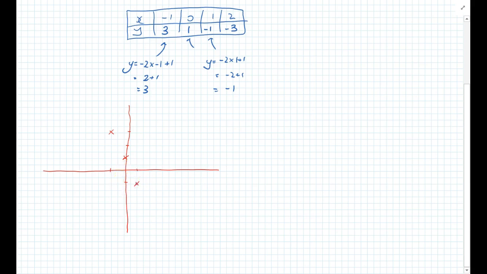You can see they're lining up. 2, -3: I'll go across another one, and then I go 1, 2, 3 down here, and I'm at -3.